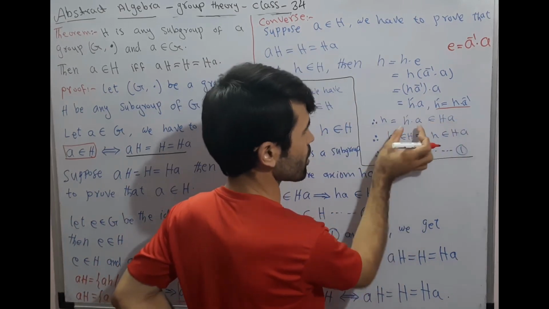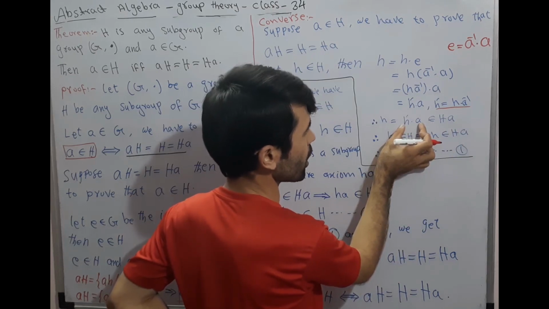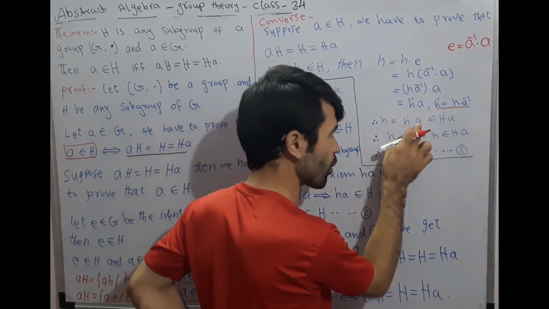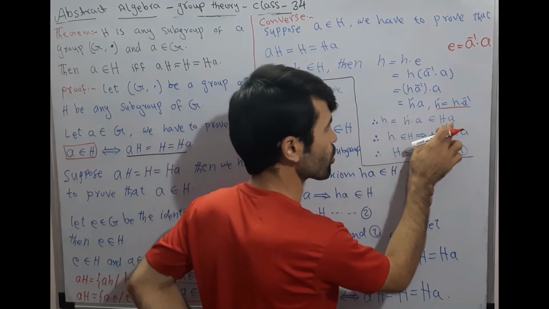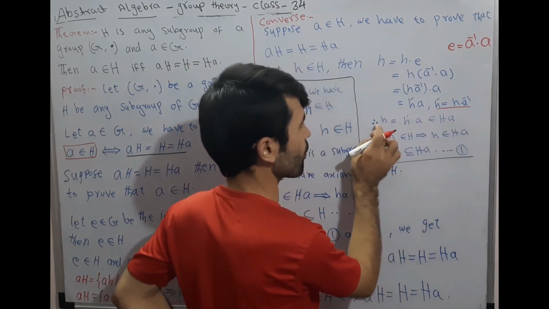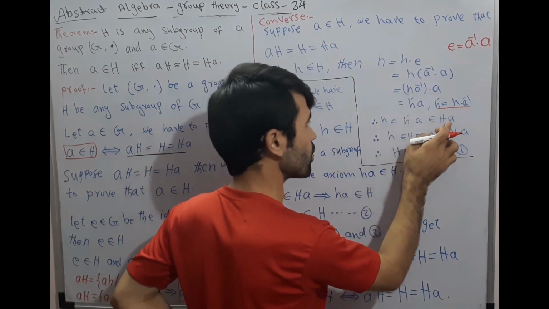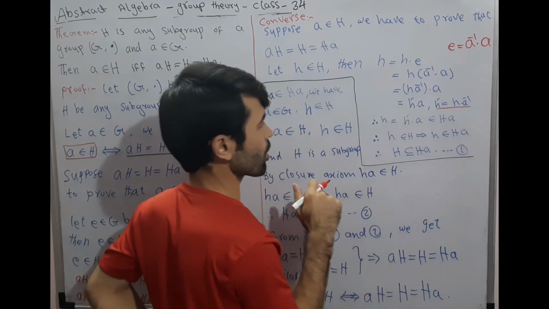It is the right coset. We define the right coset: any element times a fixed element of G belongs to the right coset. Therefore, h = h'a belongs to the right coset.